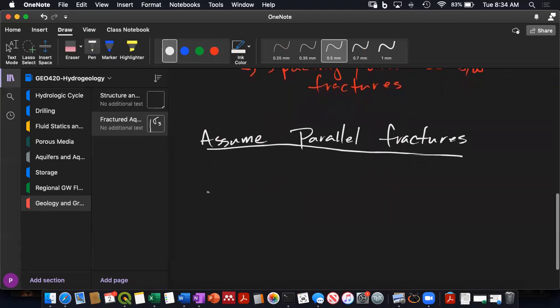This is kind of a hard drawing, so we'll see how well I do on it. I've got a block of matrix.